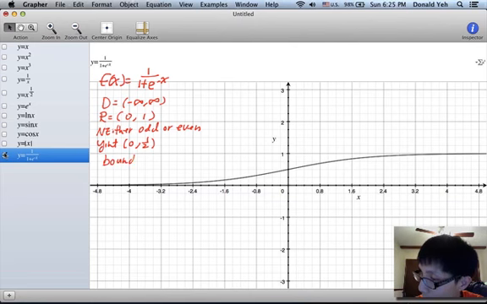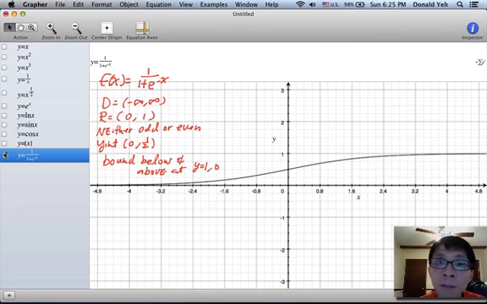Yes, it is bounded below and above, at y equal to 1 and 0. If you see the graph, it is bounded at 1 and 0. And that's all you need to know. Why do you need to know this one? There are 2 horizontal asymptotes also. The horizontal asymptote is right here. That's why they are bounded.